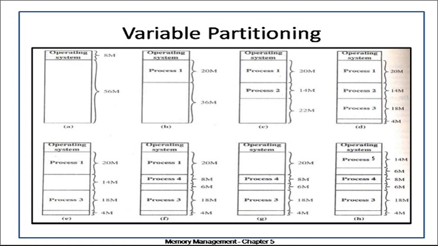Next, process 1 has completed its execution. Now process 5, which is of size 14M, can be stored at that location, creating another third hole of size 6M. Now if a new process, process 6, appears in the system with a size of 10M, we cannot execute that process even if the free memory, that is 6 megabytes plus 6 megabytes plus 4 megabytes, a total of 16 megabytes, is available.